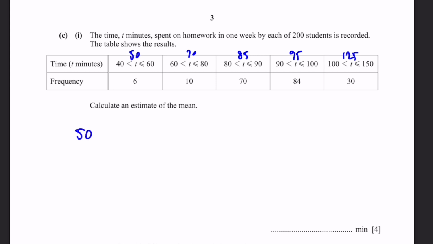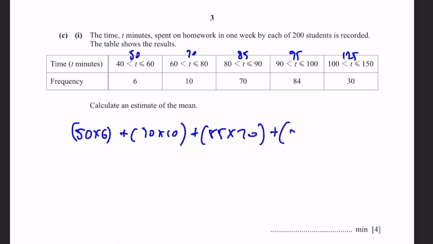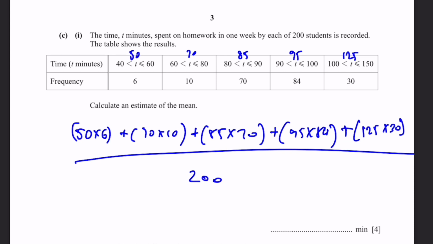So that will be 50 into 6 plus 70 into 10 plus 85 into 70 plus 95 into 84 plus 125 into 30, and the whole thing divided by 200.